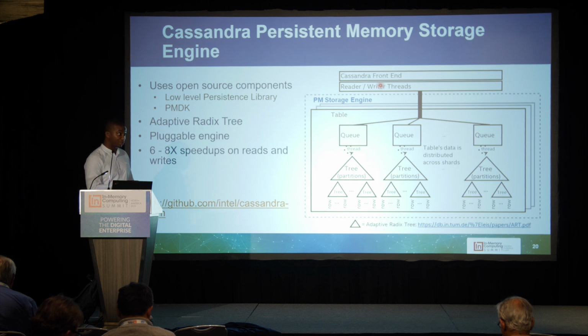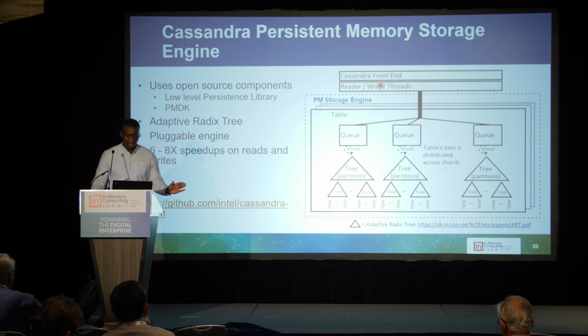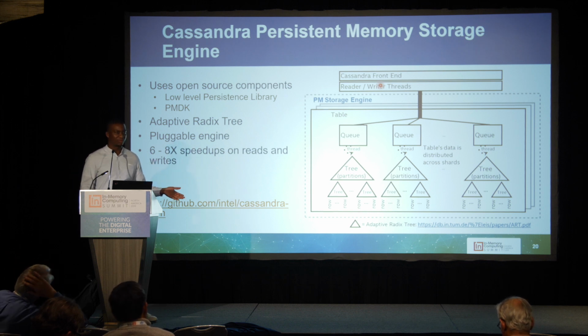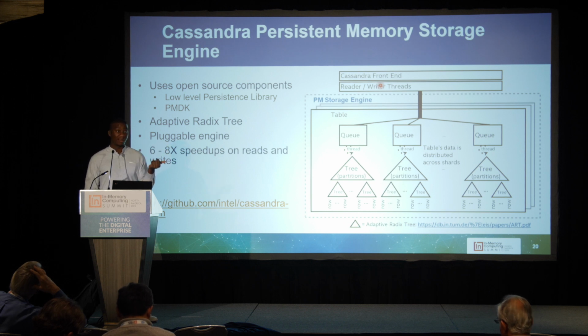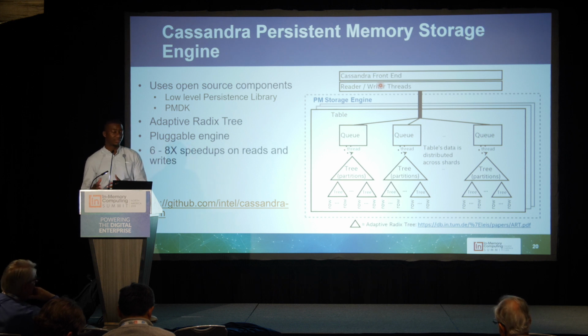So another approach you could have taken was just leave everything exactly the same. Don't change anything, but use the storage over app direct mode that I described a few slides before, where you point your Cassandra data store to a file on a persistent memory file system using actual persistent memory, and boom, you get not as much performance gain as this, but it's pretty modest.